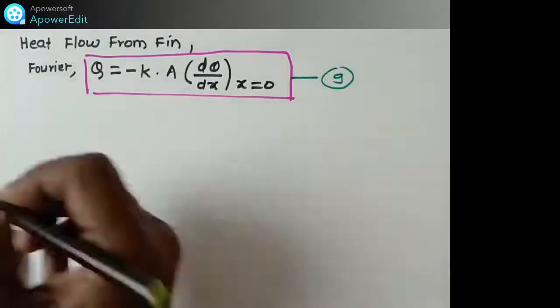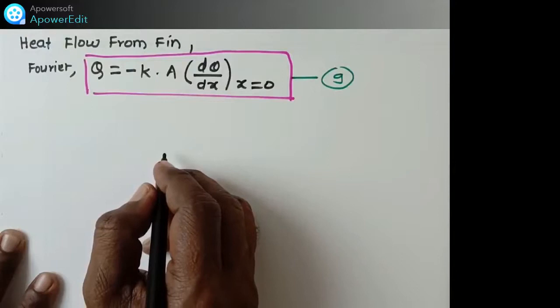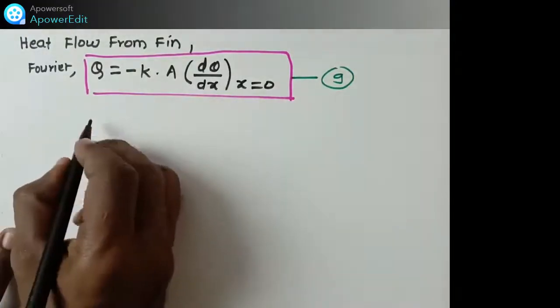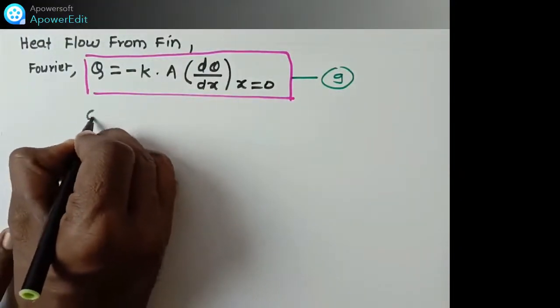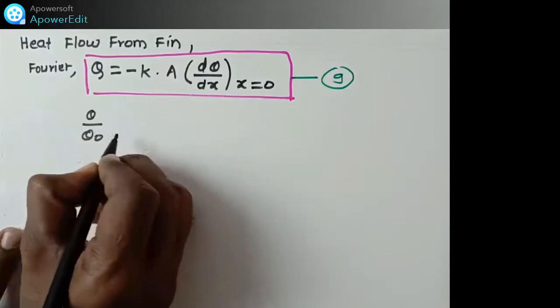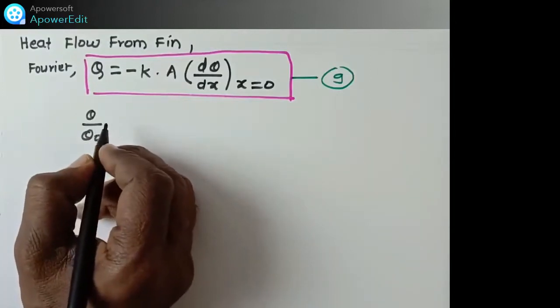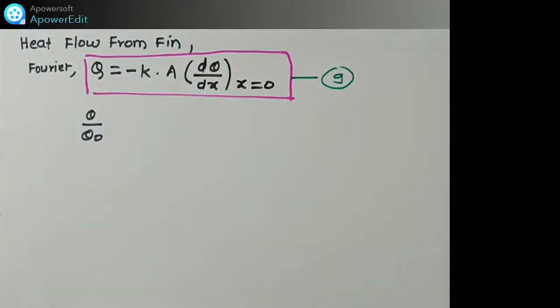Now equation 7, once again we will write equation 7 here. Theta upon theta 0 is equal to cos h.